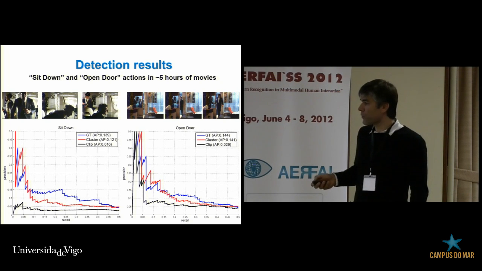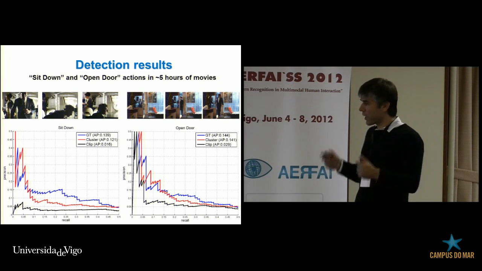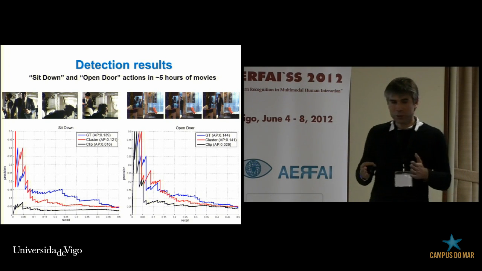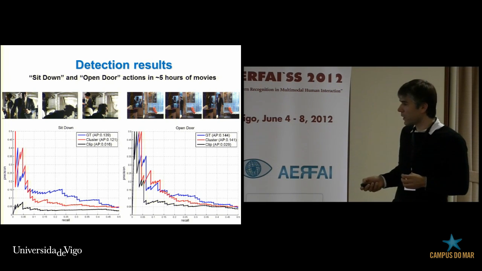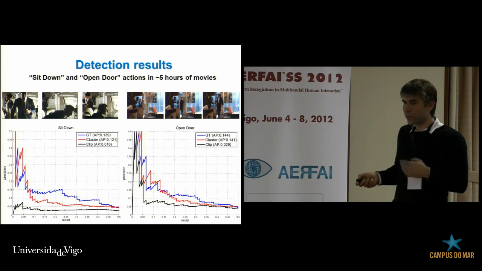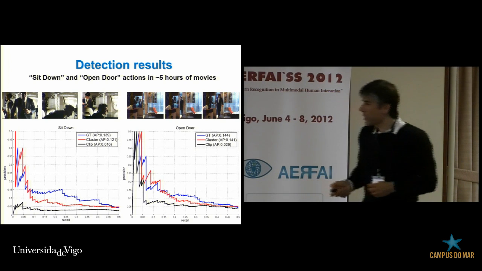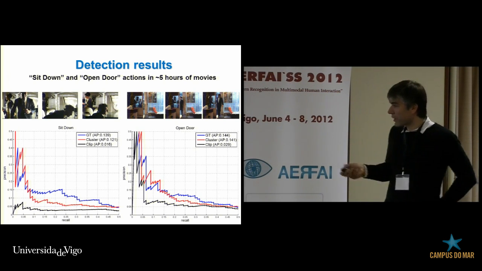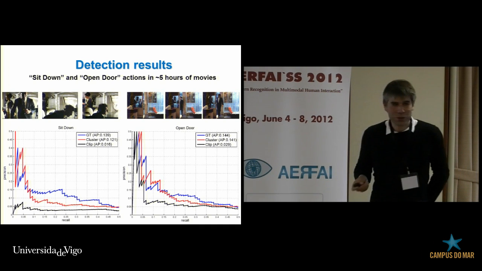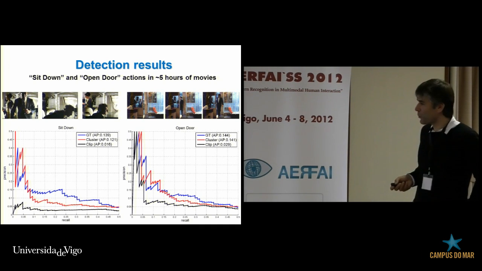And the blue curve is the ideal segmentation of actions in the training, which is done manually. So we see that the automatic method, in terms of performance of action detection, is not very far from the manual annotation. However, the overall numbers are still quite low, so there is lots of room for improvement here.